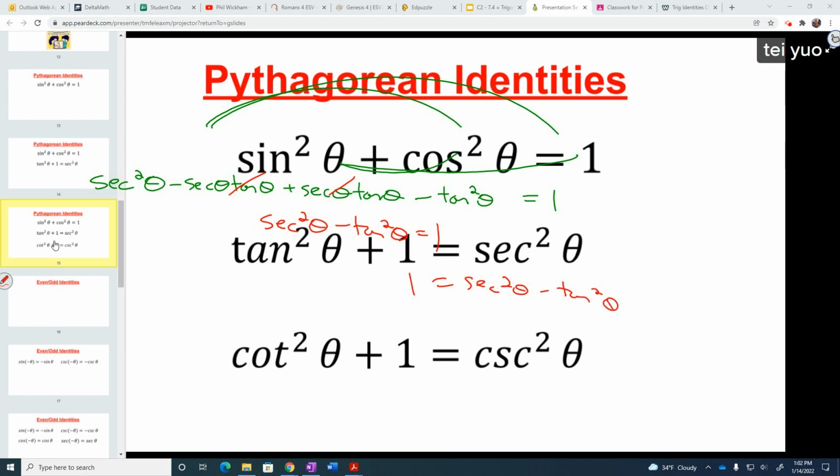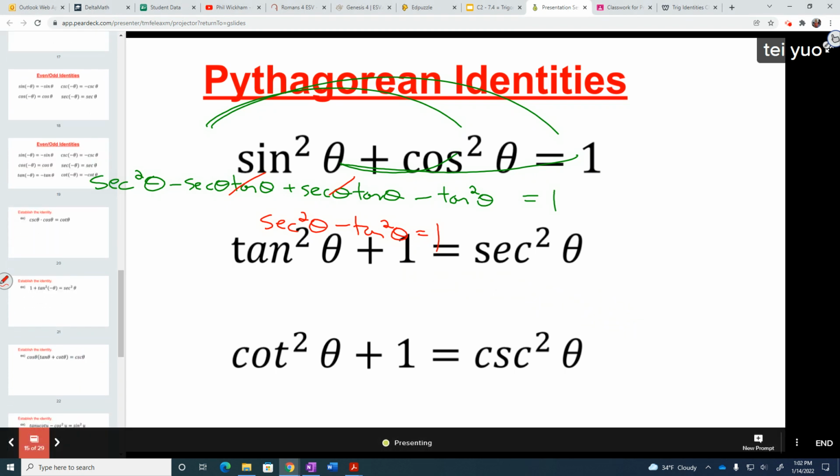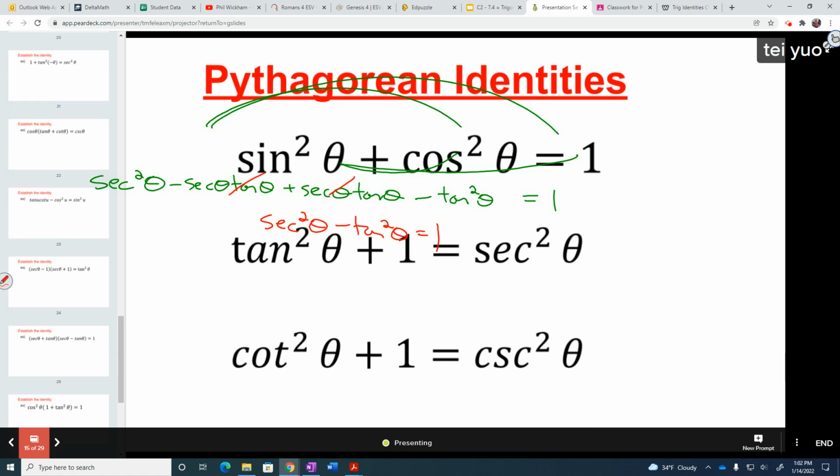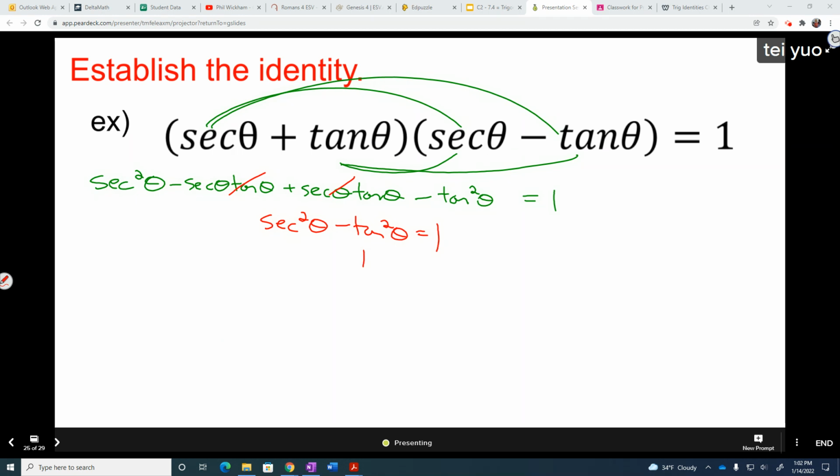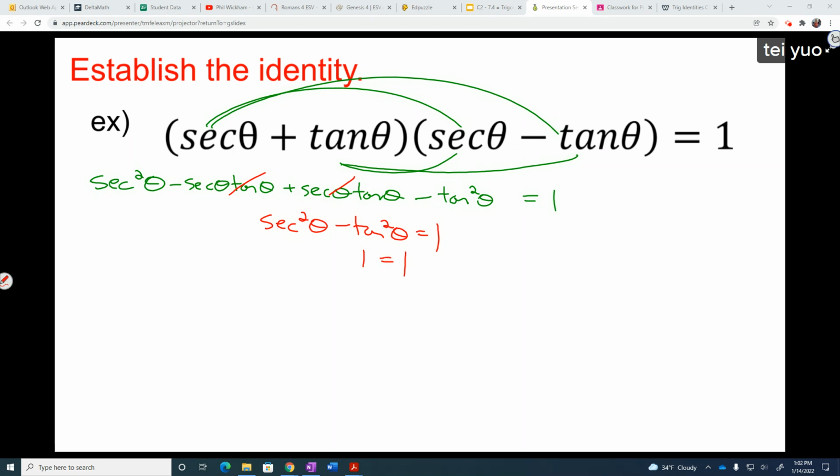So actually, it's already good. We're just going to write 1 equals 1. So these three formulas, you're going to have to be able to rearrange them a lot. They're not always going to be written in the way that you want them to, but they're really helpful. So then we got 1 equals 1. We're good. Got 2 more here.